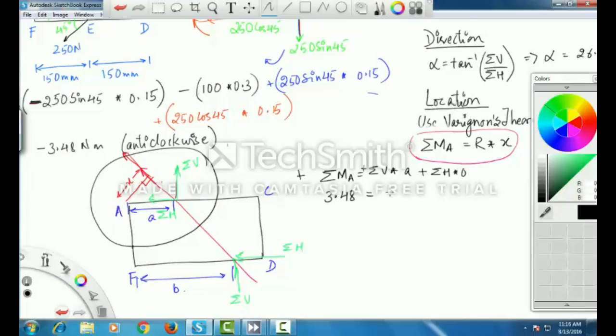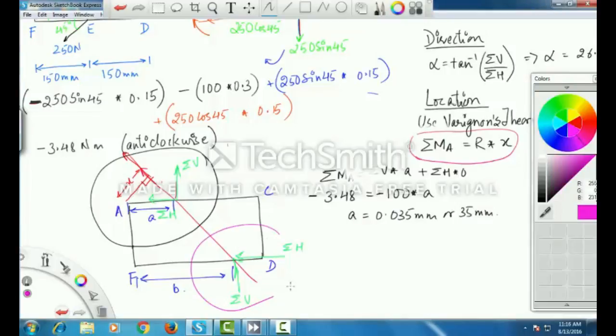Sigma V is 100, multiplied by A, where A is 0.035 m or 35 mm.